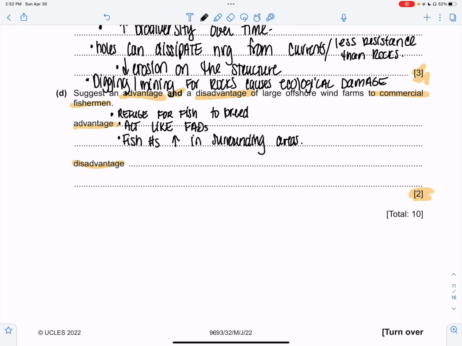Now, a downside, the disadvantages. We could have, just in general, loss of fishing area because of the wind farms. And because of what we just said, this would cause an increase in competition, so competition between fisheries.